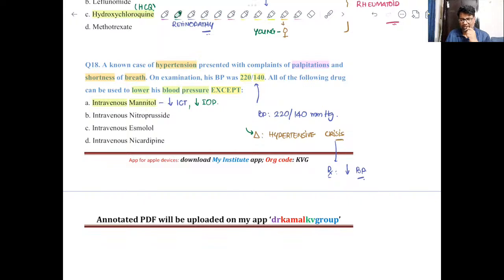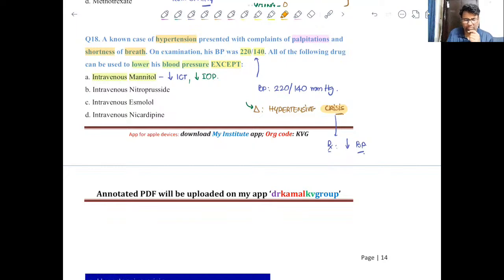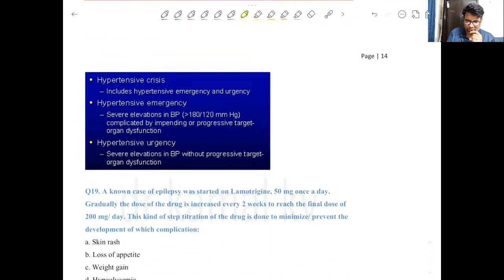So IV mannitol is not indicated as such in hypertensive crisis where the BP is extremely high, right? So hypertensive crisis, we have two classes. Either it can be a hypertensive emergency where there is damage to the target organs. In urgency, there is no damage to the target organs, right?